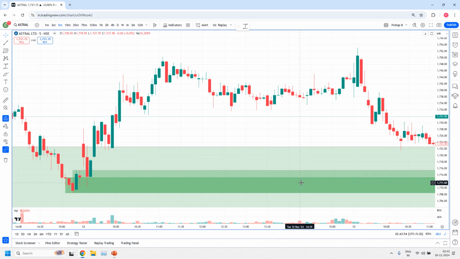A zone is tested, don't take the trade, leave the zone. And institutions know that point. That's why they want to trap us. In what way do they want to trap us? So that we don't get into this zone at all. They are trapping us from entering into this zone. That way they are trapping us. They are not trapping our money. They are trapping our entry. Hope you got the clarity.